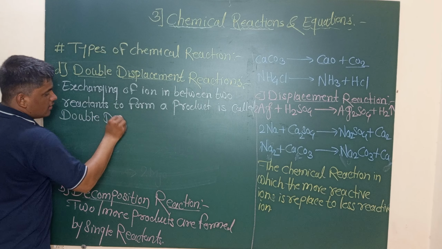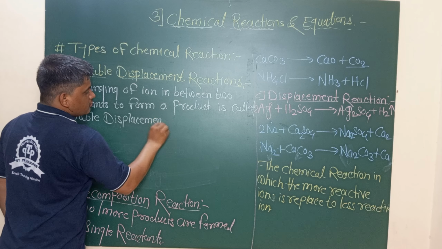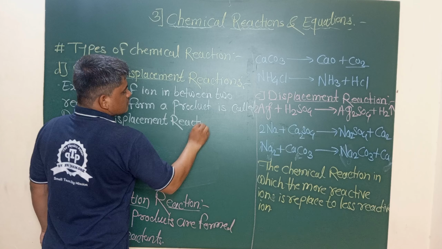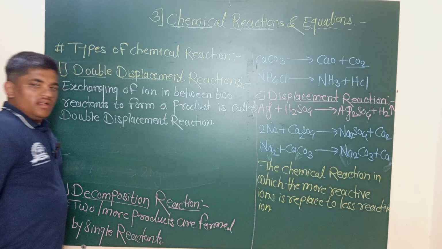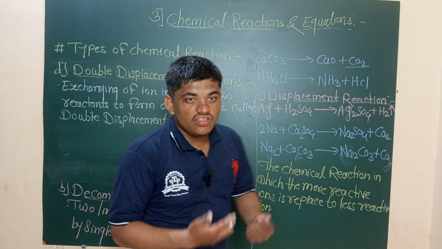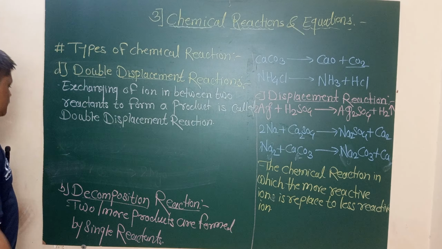In this chemical reaction, two reactants exchange their ions or elements. This is called the double displacement reaction.